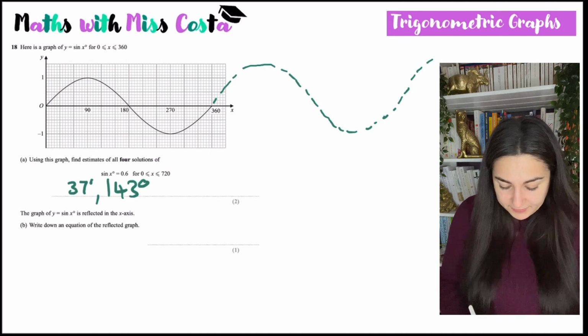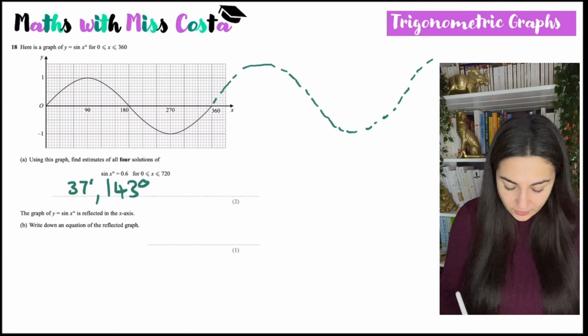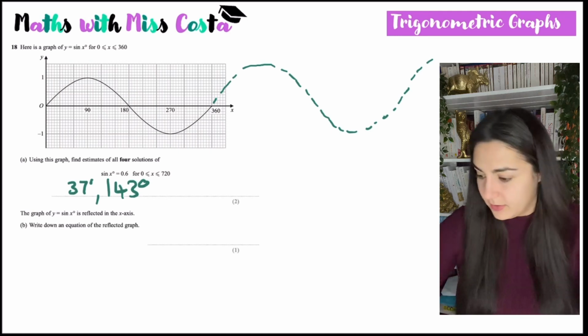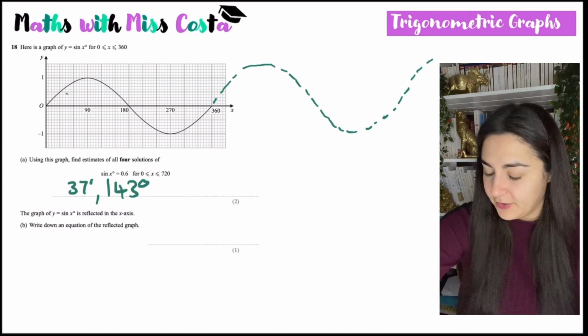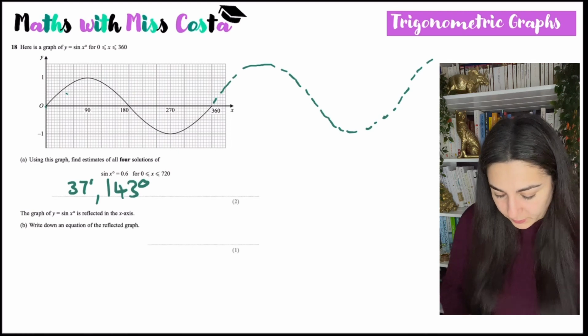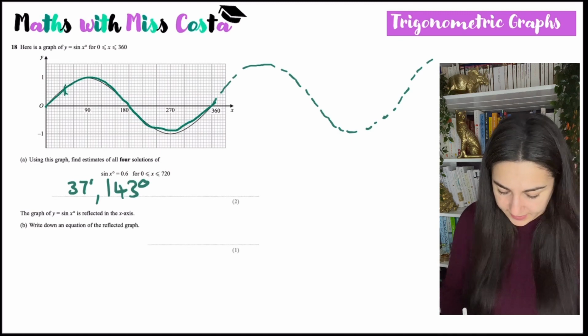Okay, so we've got 37 degrees and 143 degrees, and we know this cycle repeats. So we know that if we added on 360, because the whole curve is a cycle of 360 degrees. So where we are, it was roughly here, right? So where we'd get to is roughly here.